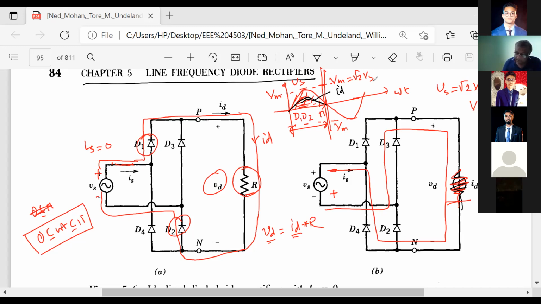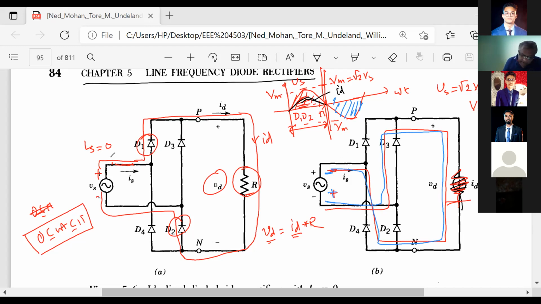Okay, for the negative half cycle, we have changed the direction of the voltage here, and we see that the current is going this way. So D3 is conducting and it is coming back this way.